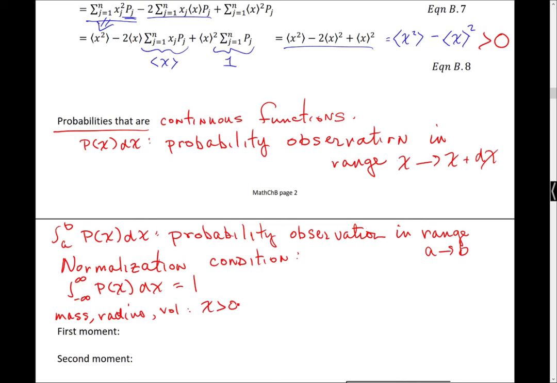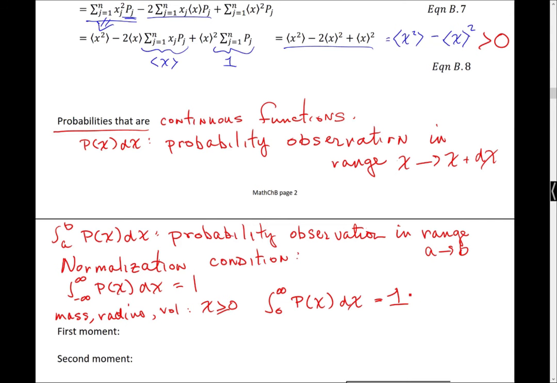Or greater than or equal to 0. And that means that we don't integrate from minus infinity to infinity, but we integrate from 0 to infinity. So I'm going to say p of x dx. And that will give us a summation to 1. Does that make sense? Okay?